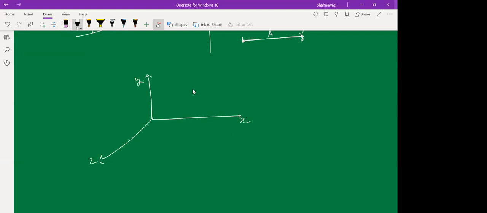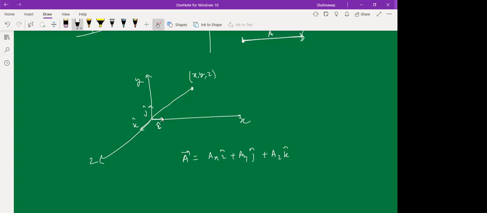So we can write any vector, whose position, let's say, is X, Y, and Z, in the form of AXI plus AYJ plus AZK. This is one unit in the X direction, which is I hat. This is in the Y direction, J hat, and this is in the Z direction, K hat. So this we learned, right?